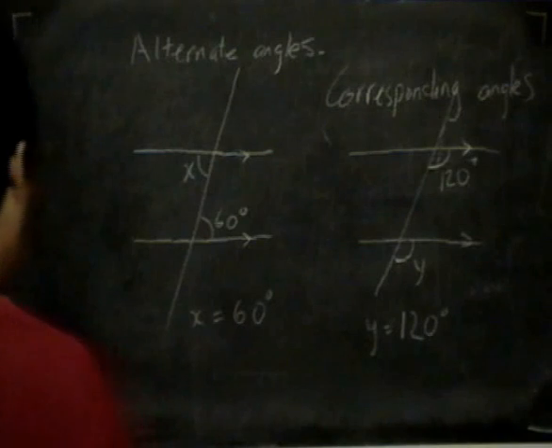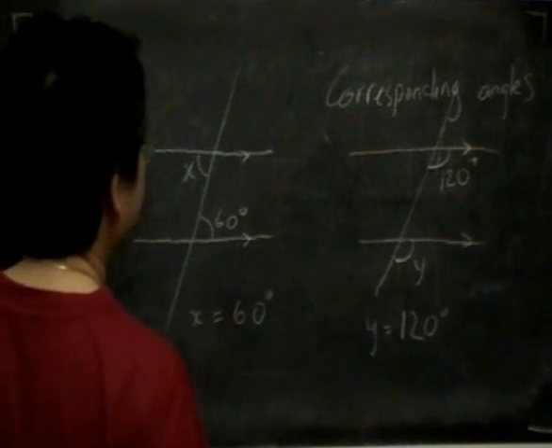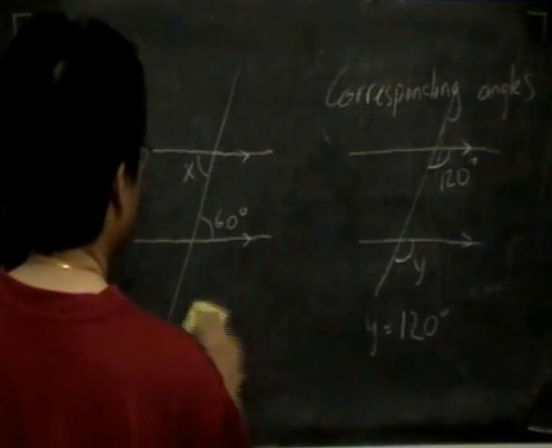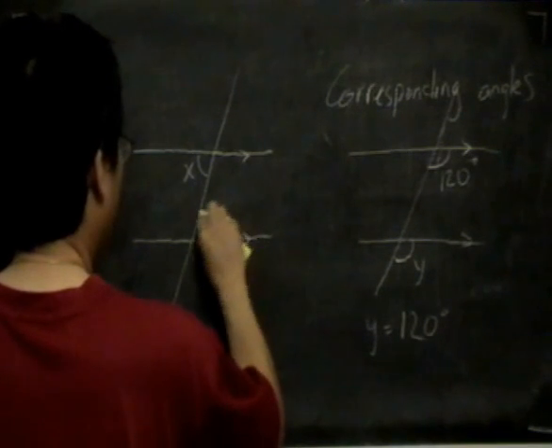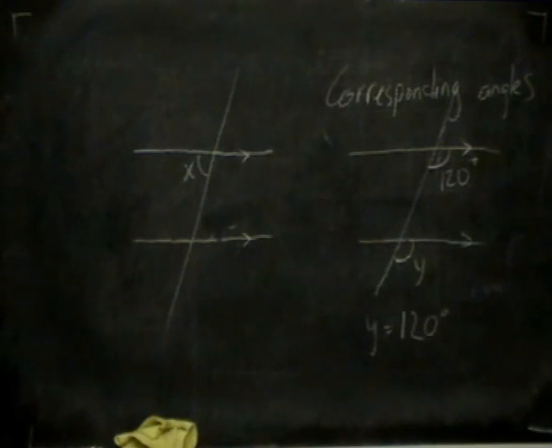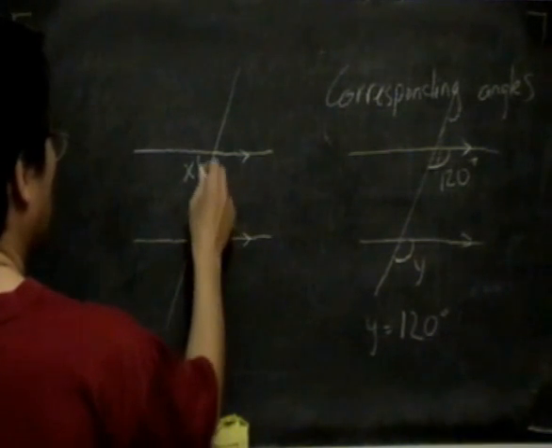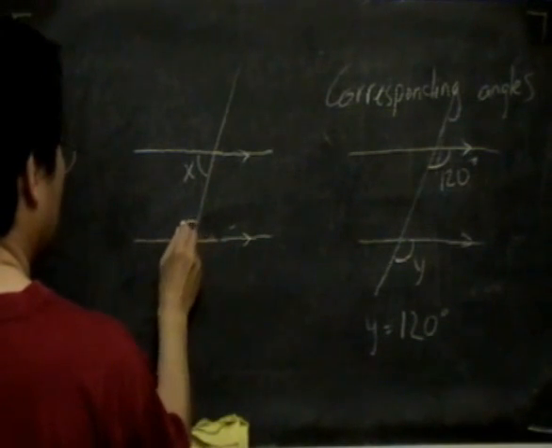Let me clean that. Okay. So the next property involves one angle there and one angle there.